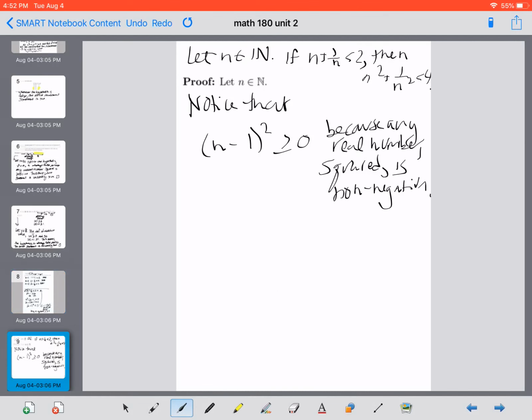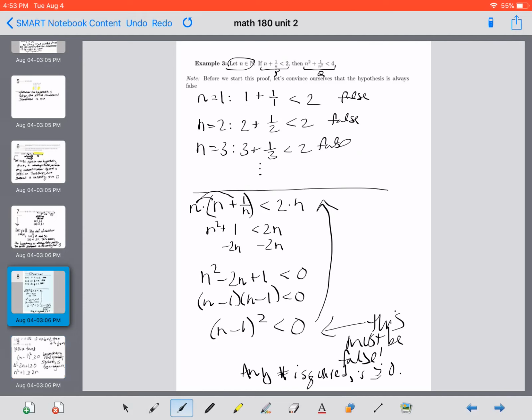All right, so expanding this out, I get n squared minus 2n plus 1 is greater than or equal to 0. I move that negative 2n to the other side to get n squared plus 1 is greater than or equal to 2n. And then I can factor an n out, doing the reverse of this step right here.